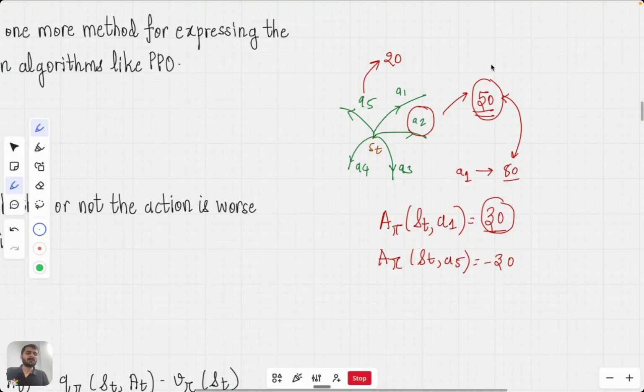So this 50, which is the policy's default behavior, is nothing but the value function of the policy, and 80 is the action value function, which is q pi of st comma a1.